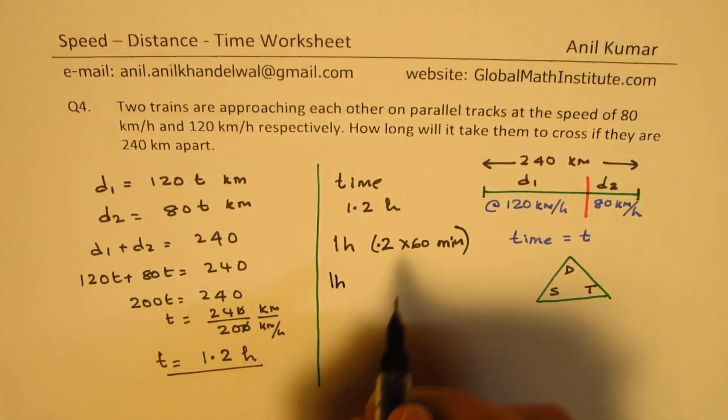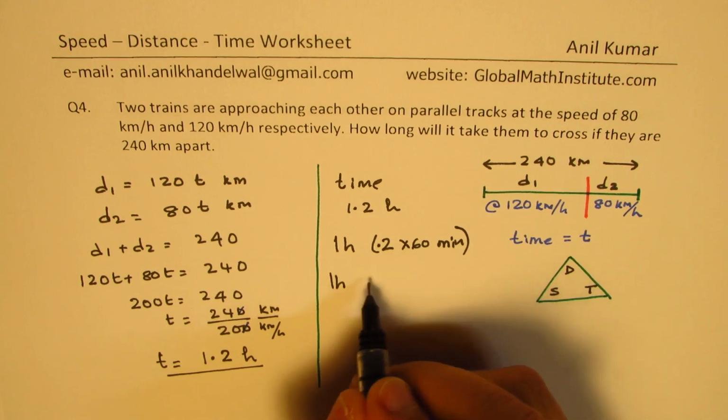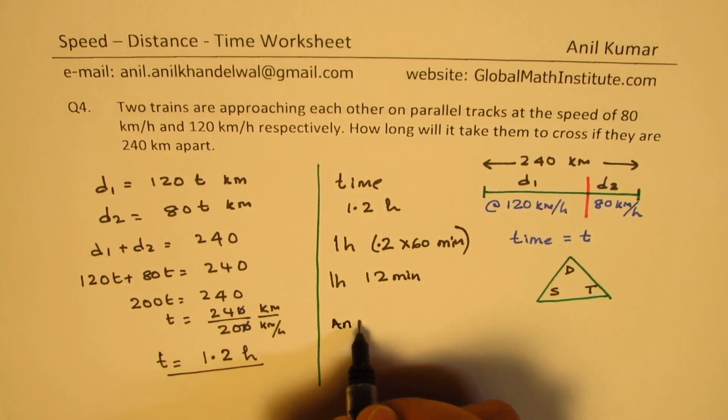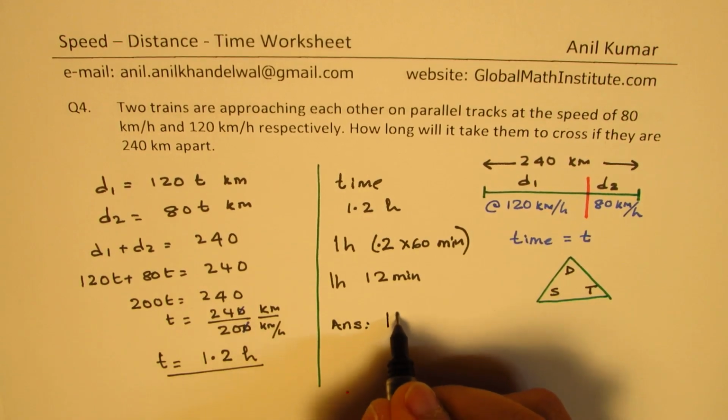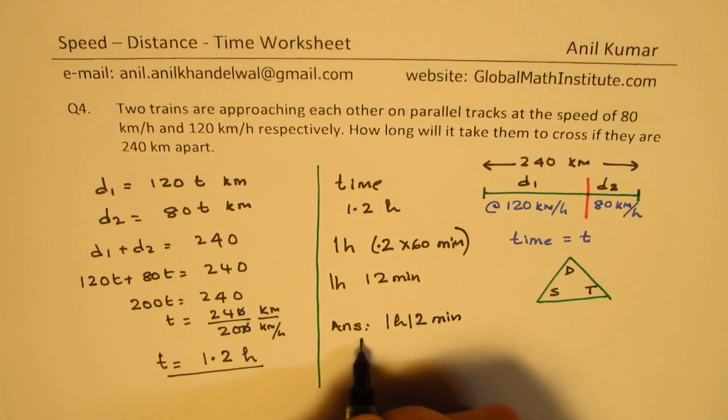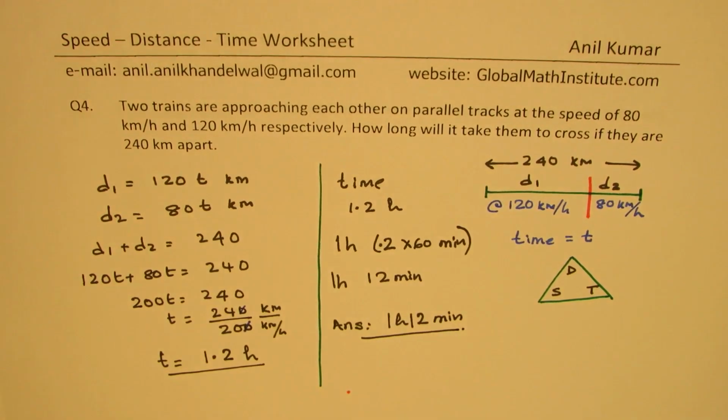So you can write 1 hour, and when you multiply this by 2, you get 12 minutes. So we'll write our answer as, they will meet in an hour and 12 minutes. Does it make sense? So that is how we should be writing our answer. Okay?